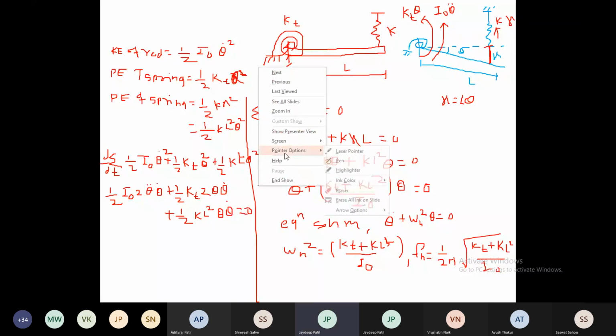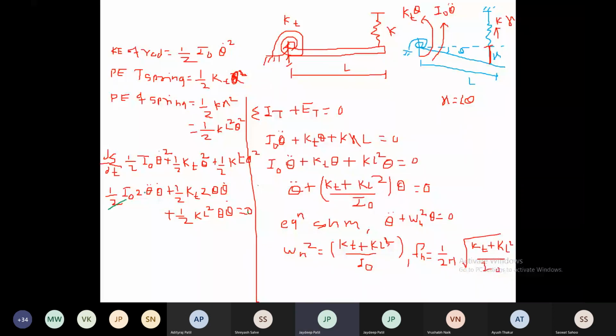Again you have to cancel the similar terms. So here 2 gets cancelled, 2 gets cancelled, 2 gets cancelled. Again here 2 remains because it is a theta square. 2 gets cancelled, again theta dot gets cancelled here.